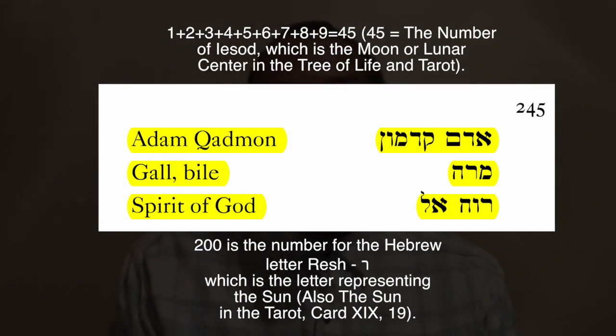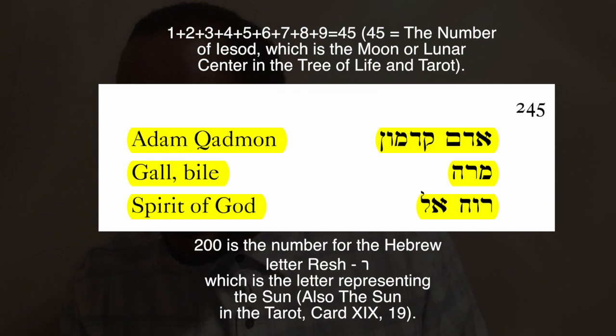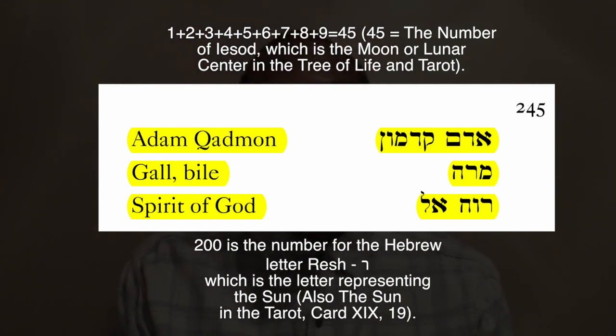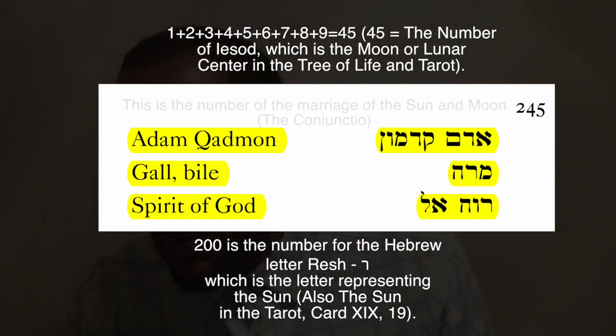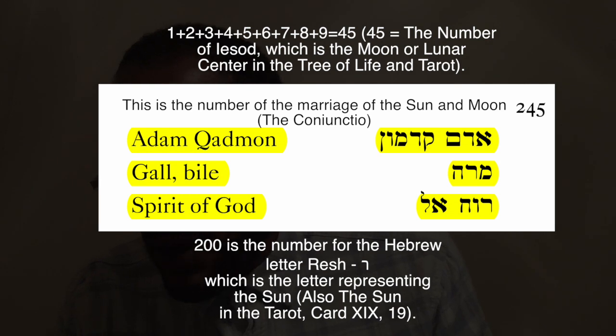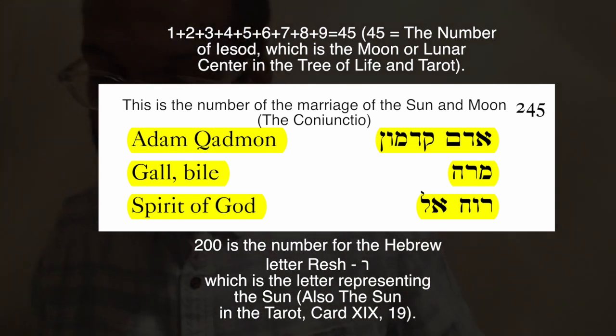So 2 equals 9 in certain Masonic initiative grades, okay? 2 equals 9 and 9 equals 2, okay? Something to think about. And then what you see here in the number 245 is the marriage of sun and moon, conscious and unconscious, all right?